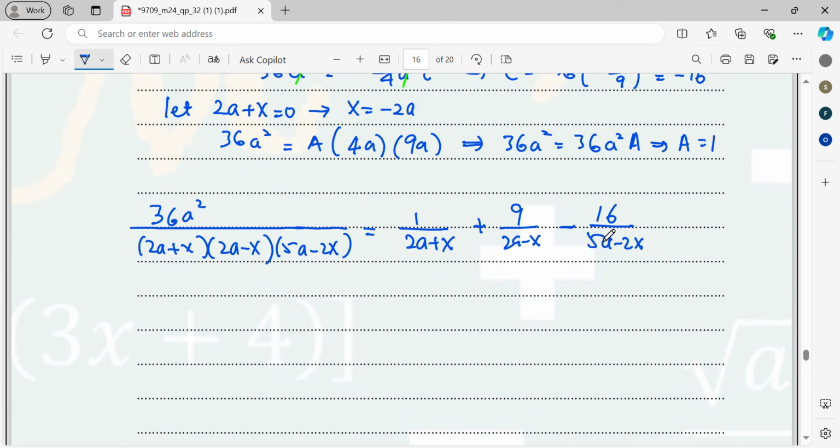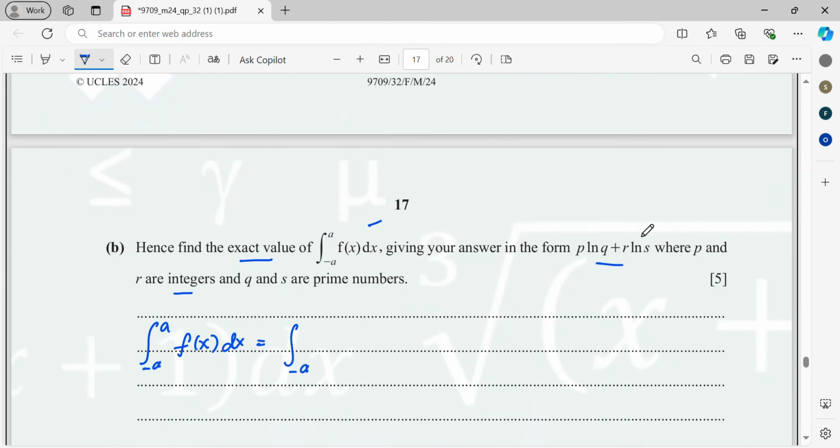Just copy all these three terms. So I will write 1 over 2a plus x plus 9 over 2a minus x minus 16 over 5a minus 2x dx.